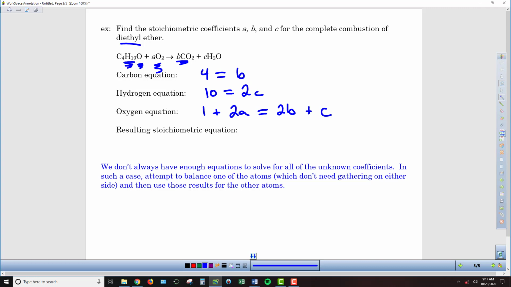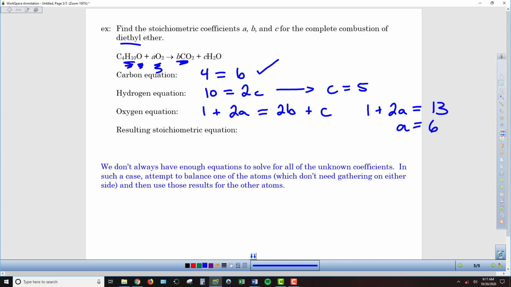Now, fortunately, we've got one of our coefficients already solved for, and the second one we can solve pretty easily by dividing both sides by 2, so we get C equals 5. And then if we substitute both of those values into this bottom equation, we're going to get 1 plus 2A equals 2 times B plus C, so 2 times 4 is 8, plus 5 is 13. And so if we solve for A, we're going to get A equals 6.